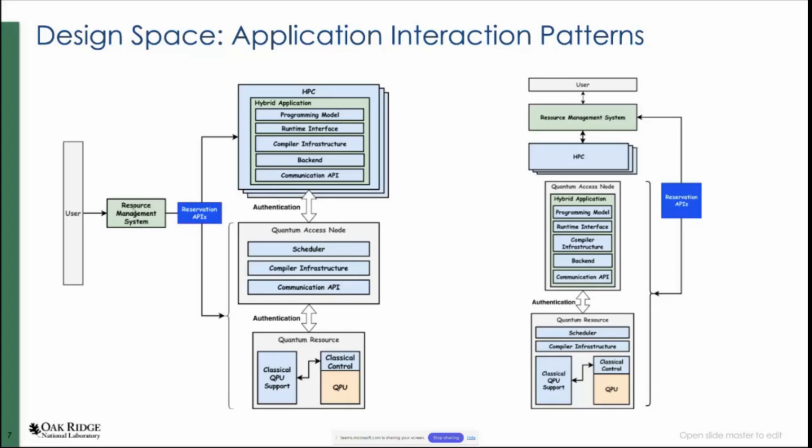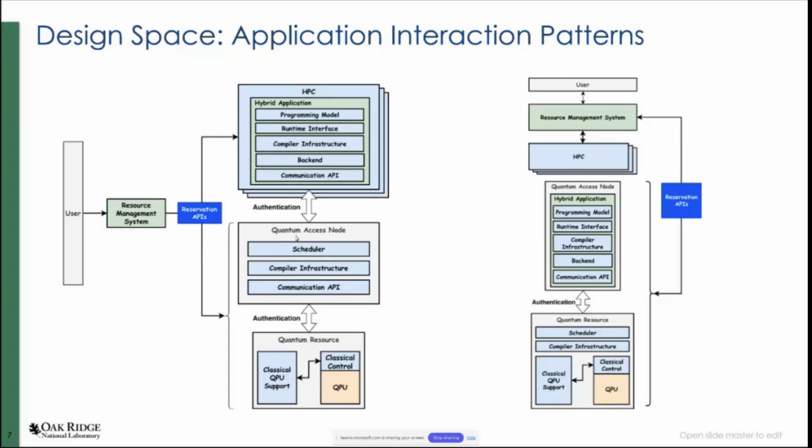The classical steps, like pre-processing, would execute on the HPC. The results from the classical steps are absorbed by the workflow manager, and then the quantum resource is allocated and runs the quantum steps, and then post-processing after that. The idea is that at any point in time, the HPC and the quantum are not really interacting with each other except through the workflow manager, which collects the results and launches the next step.